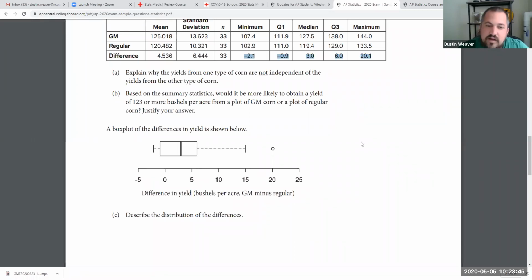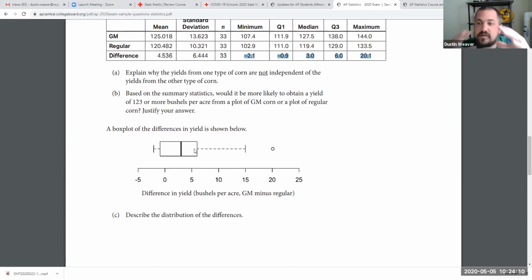So if you think about it, in any curve or any distribution, if the tail is to the right, remember, it's skewed toward the tail. So if you have a long tail to the right, then you're skewed right. If you have a long tail to the left, then you're skewed left.